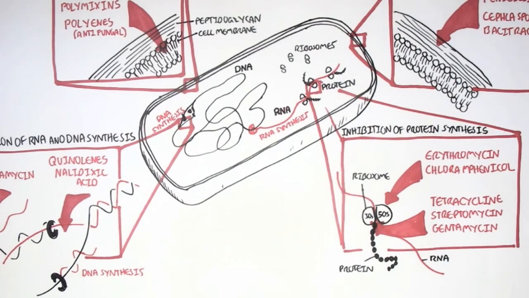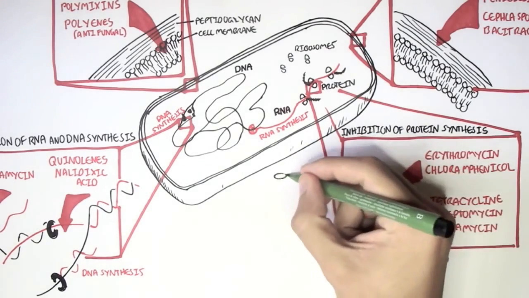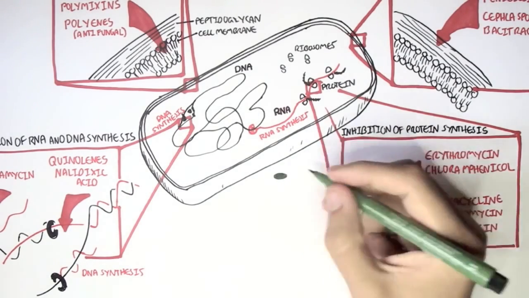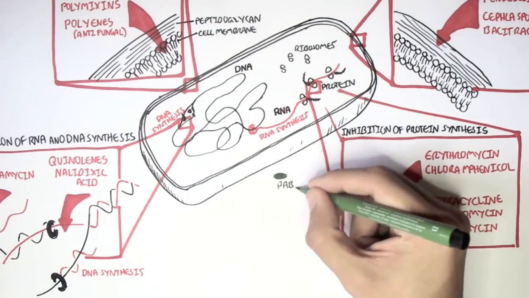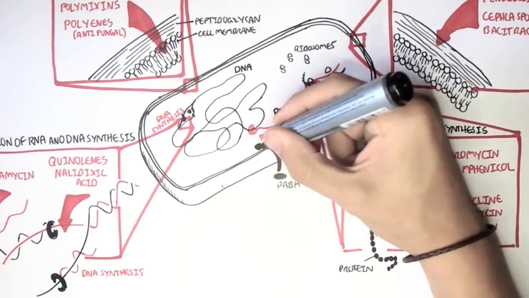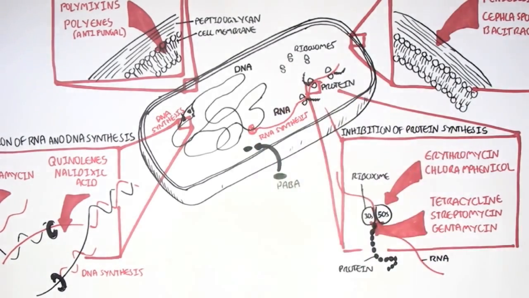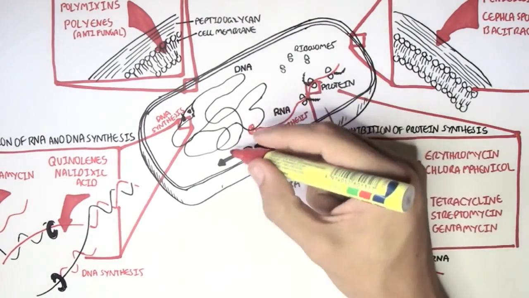The last type of antibiotic are the ones that inhibit folic acid metabolism. Normally, this green thing here called PABA, which stands for para-aminobenzoic acid, is a precursor to folate. So the bacteria can metabolize PABA into folate.